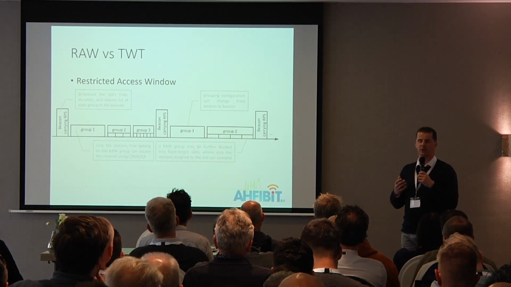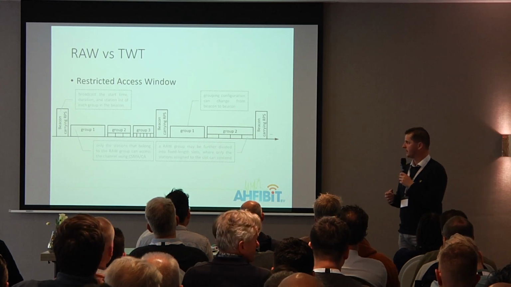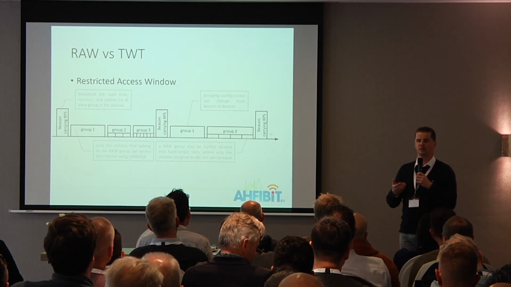They're going to group client stations and grant access to the medium group by group. So group 1, the first 1,000 stations, for instance, can go, and then the other 1,000, and so on. So they're not going to get all 8,000 on the medium at the same time. There should be an element in the beacons, which is a RAW or RPS information element. I did not find that yet.